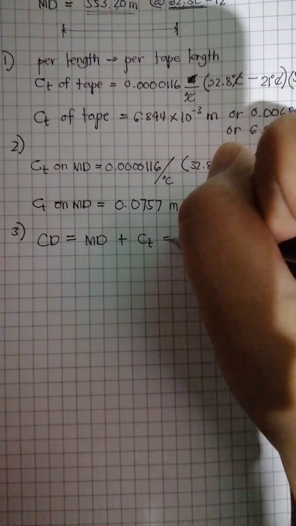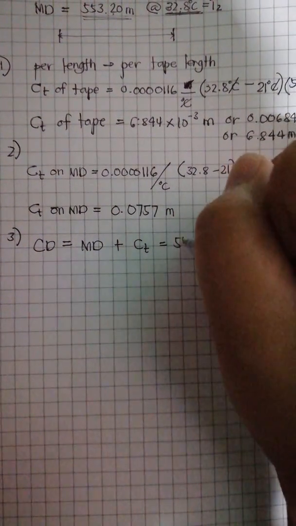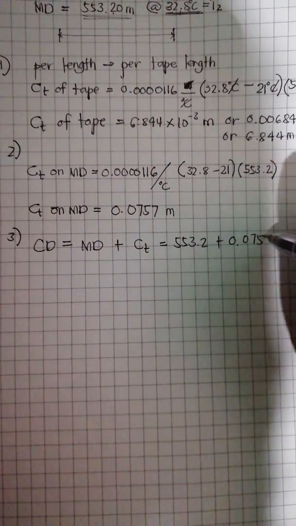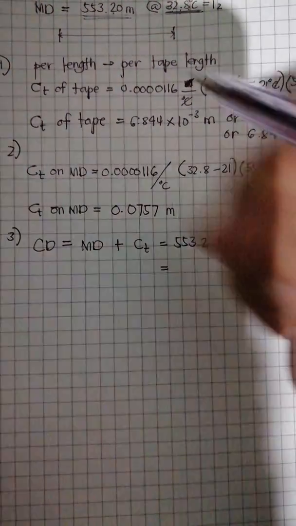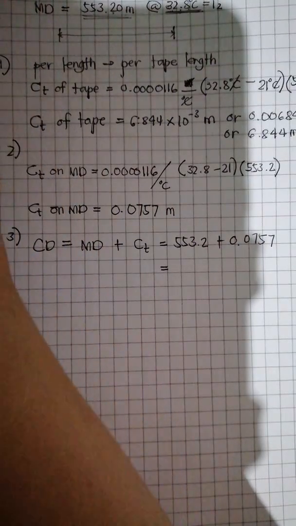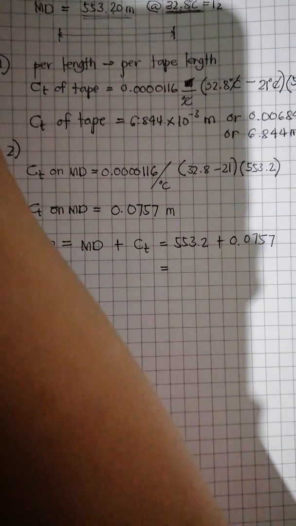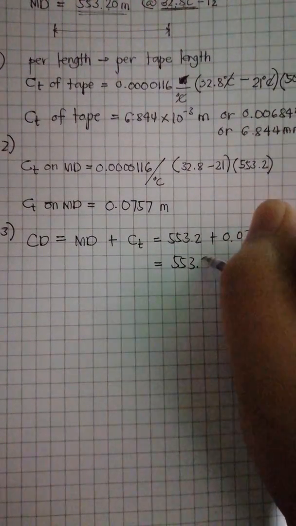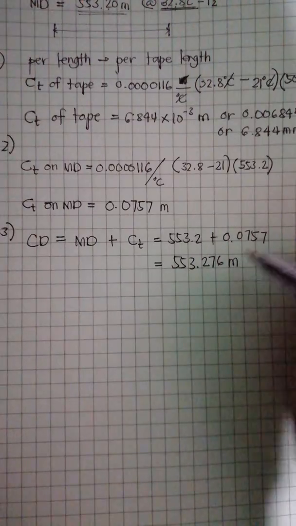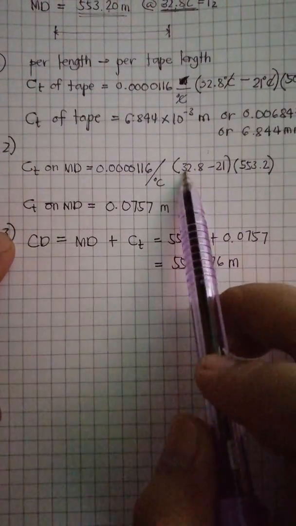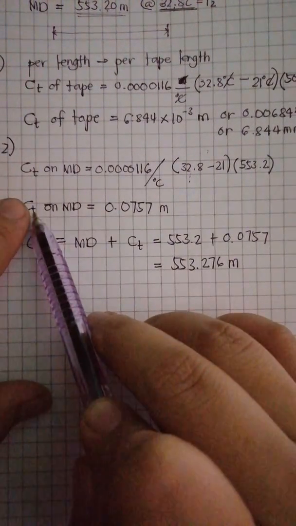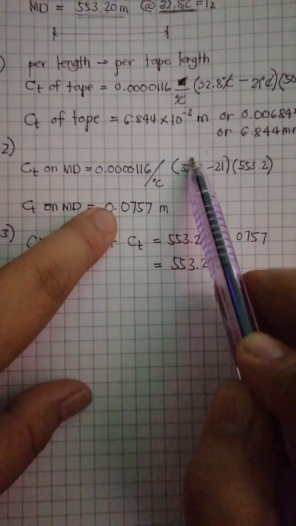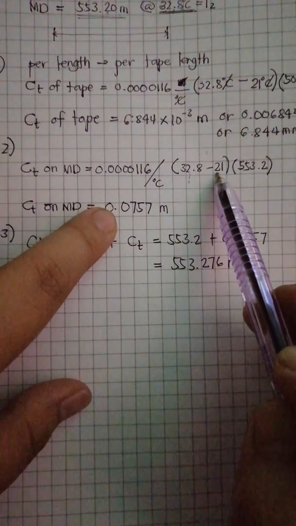So you have the measured line, 553.2, plus 0.0757. That is 553.276 meters.